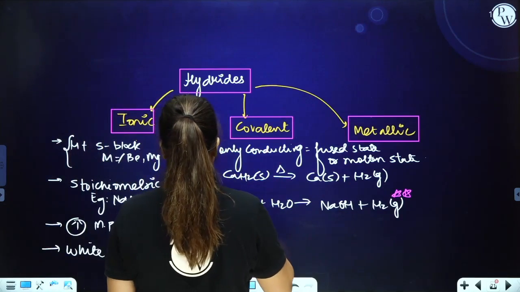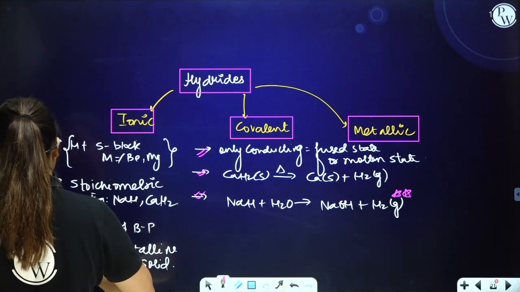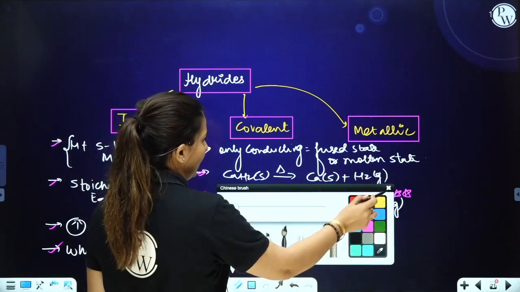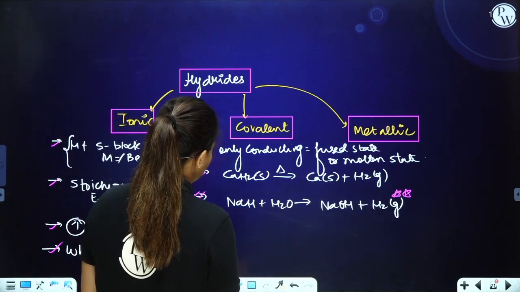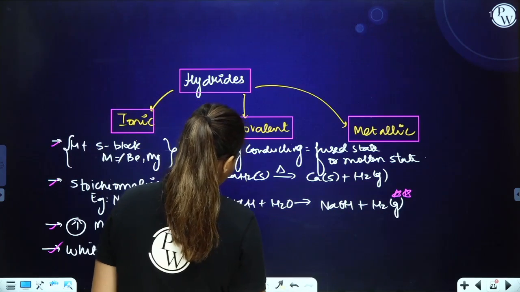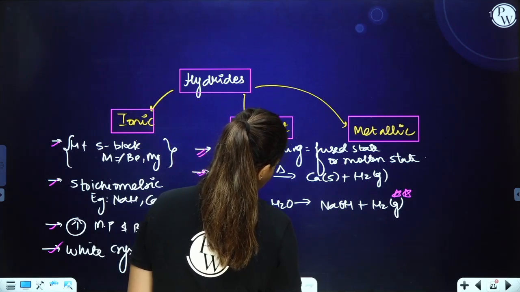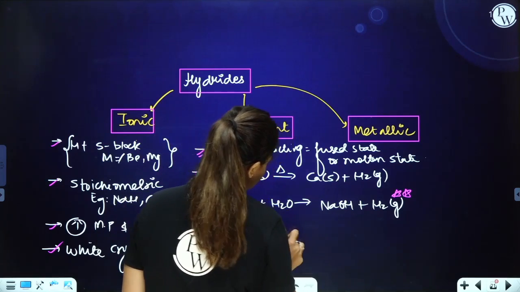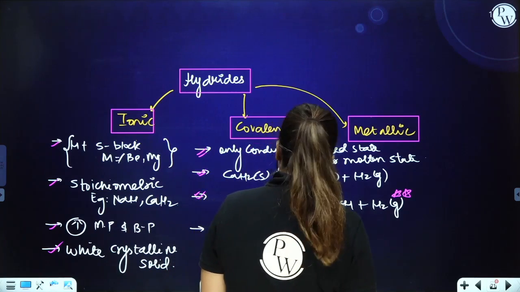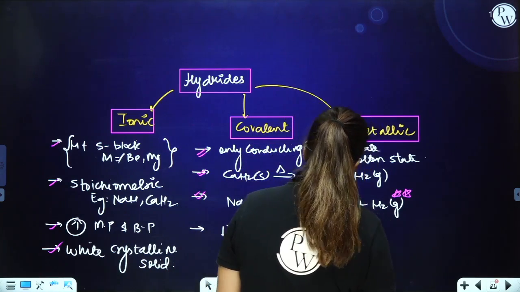Please remember all of these points very nicely. And what else you can do is, if you react lithium hydride with Al2Cl6, you are going to form a very important compound, lithium aluminium hydride.